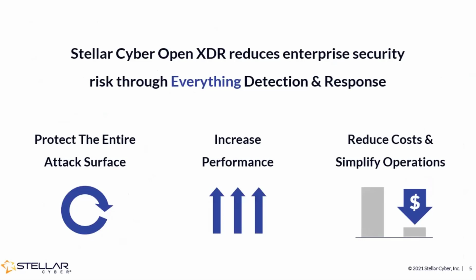Because we're leveraging machine learning, we're also going to be able to reduce the mean time to response as well as mean time to detection. And lastly, the benefit of our platform is that we're going to be able to reduce the cost and simplify the operation because of all the automation that comes with the platform.